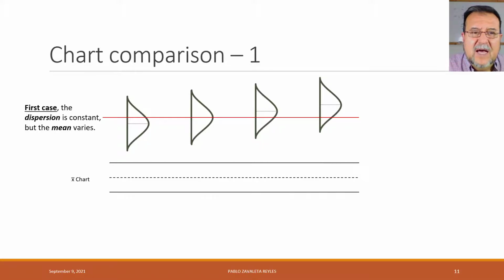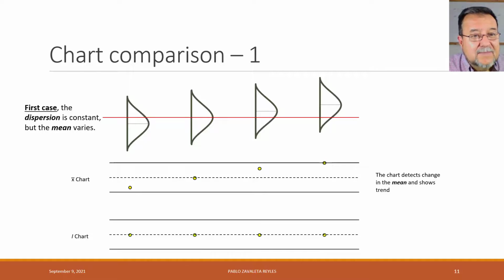In a chart that shows our dispersion, our means, the chart detects that change, but the R chart wouldn't. Why? Because the dispersion is constant. The mean has varied, but the dispersion is constant. So this graph will not detect the change in the mean.